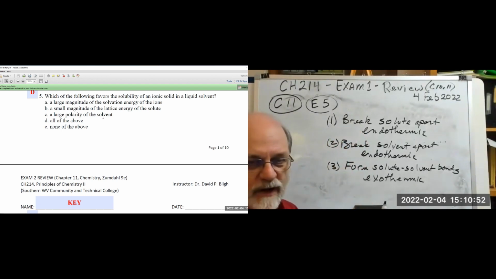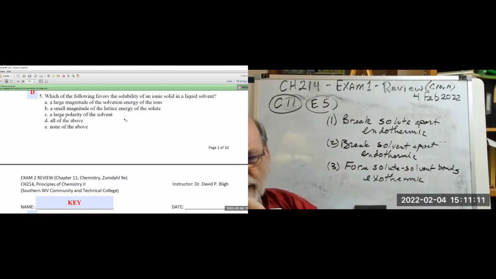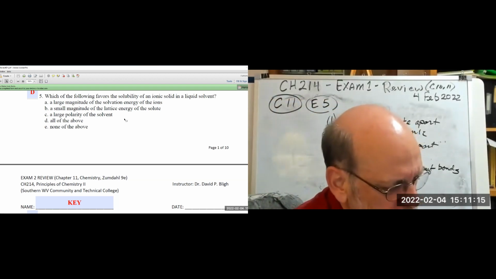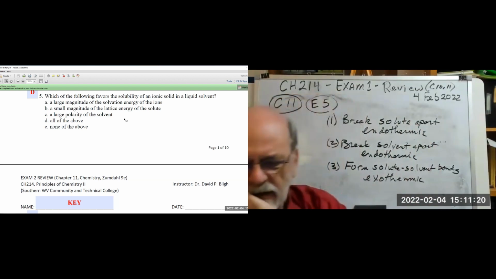And a large polarity of the solvent. The large polarity of the solvent means it takes energy to get this apart. You know, that doesn't make any sense. That's probably why I referenced this table.